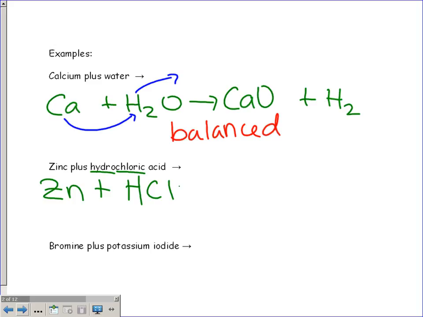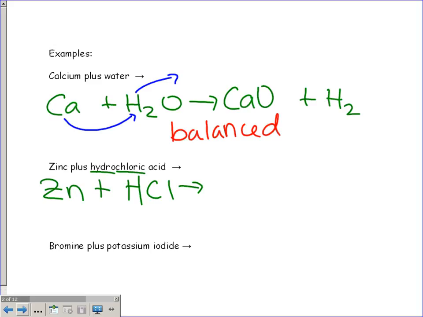So what I need to determine from my activity series of metals is if zinc will replace hydrogen. And I know that I'm using the activity series of metals because zinc is a metal. So is zinc listed above H2? Well, zinc is in the second block, the fourth down in the second block, between manganese and chromium. And it is listed above hydrogen.